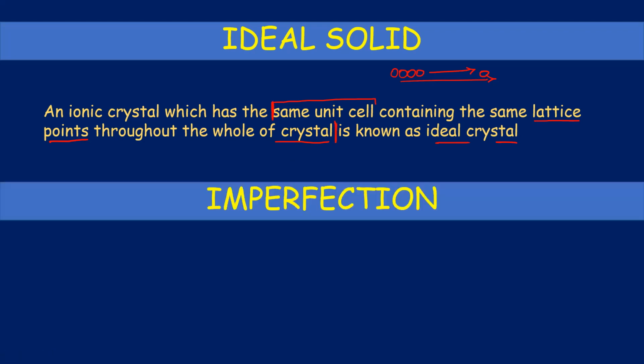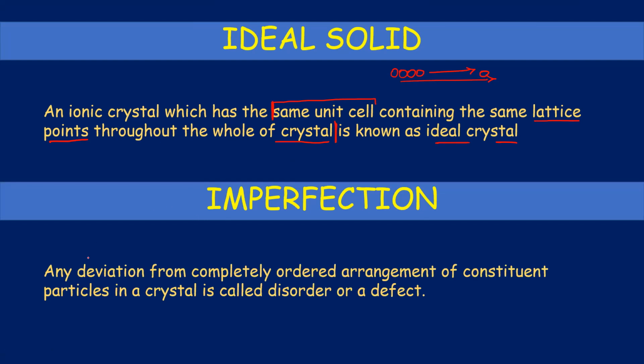Now, if there is ideal, there will be some imperfections also. Any deviation from the completely ordered arrangement gives you a disorder, a defect, or what we call an imperfection.